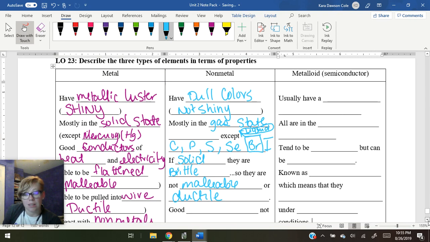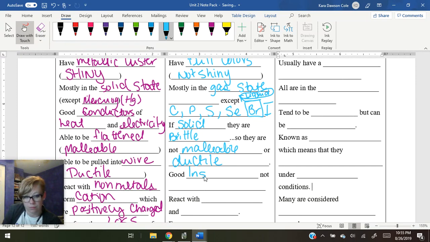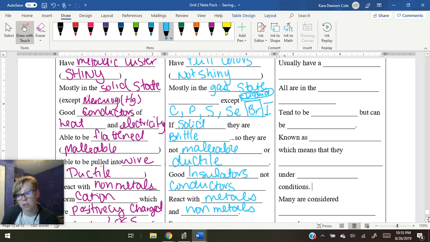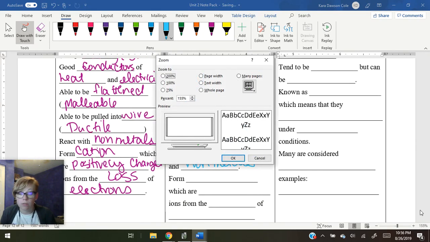These are good insulators, not conductors. These react with metals and nonmetals. Sometimes they react with themselves. So oxygen is one of those elements that actually reacts with itself.